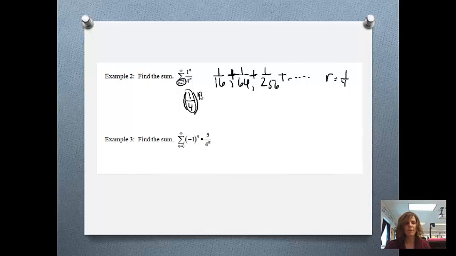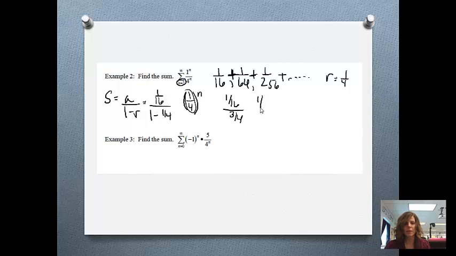If we have something raised to the n power, that's always going to be my ratio. So if I would like to get the sum from here, I'm just going to put S equals, remember it was a over 1 minus r. My first term was 1/16, and then 1 minus, the common ratio was 1/4, and when I figure that out, I'll get 1/16 over 3/4.